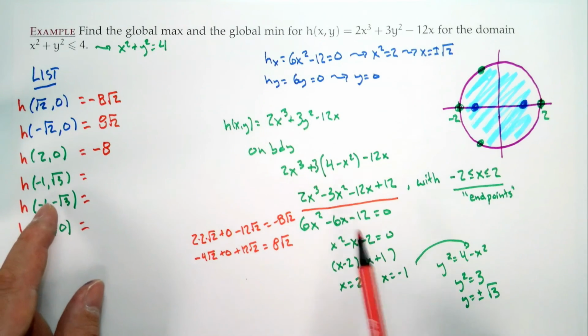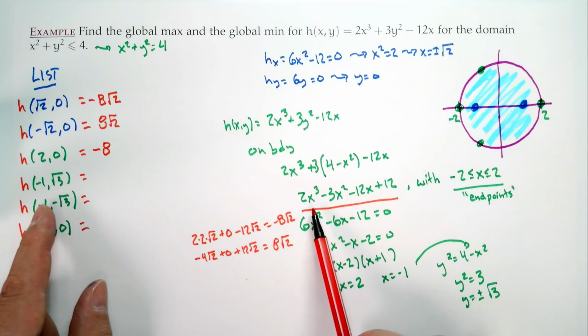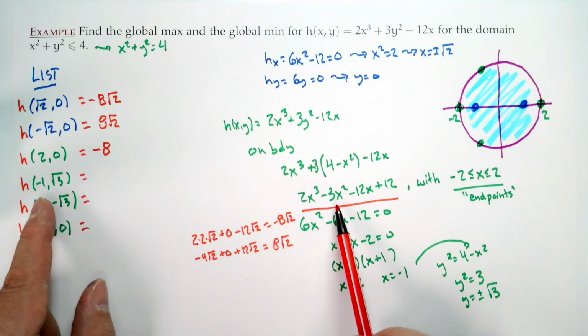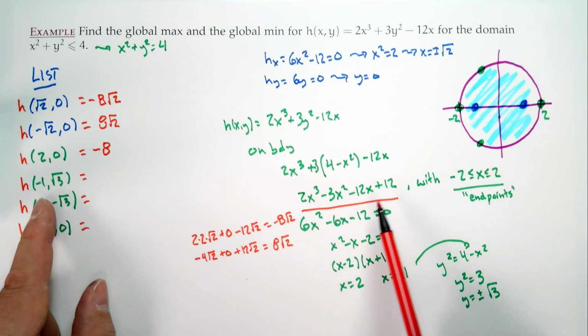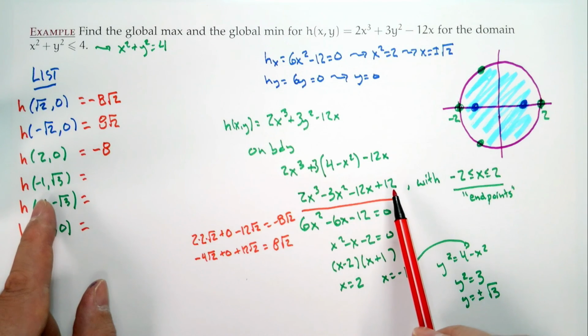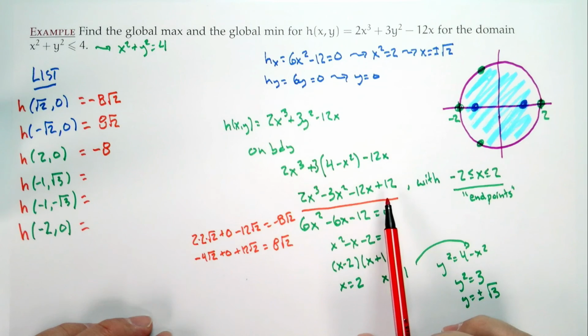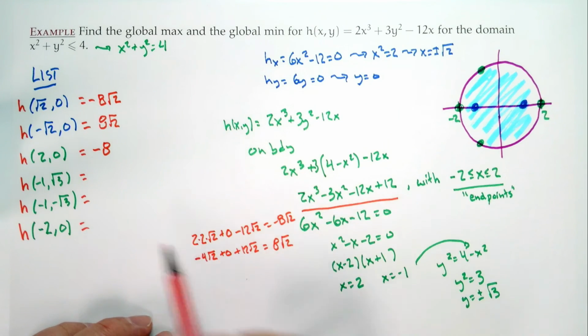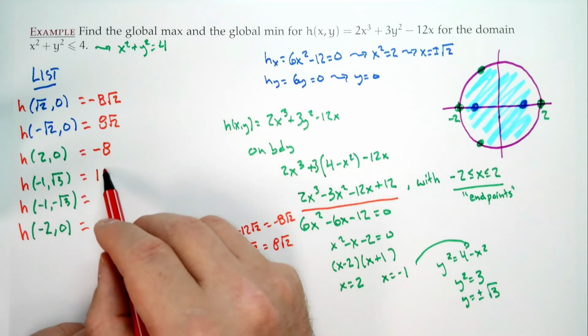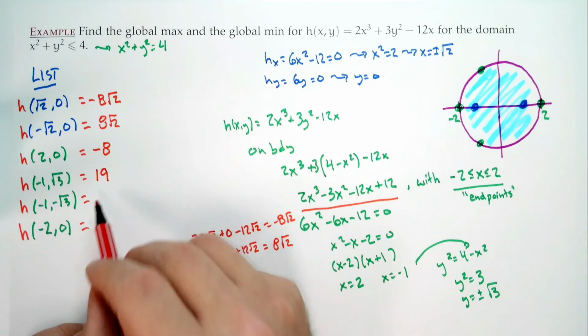Minus 1 comma root 3. Okay, now I'll use this one. So minus 1 would be minus 2 minus 3. So that's a minus 5 plus 12 plus 12. So that would be plus 24. So you get minus 5 plus 24, that's 19.